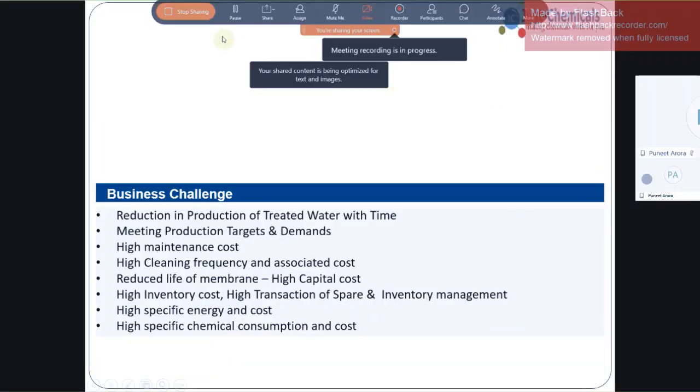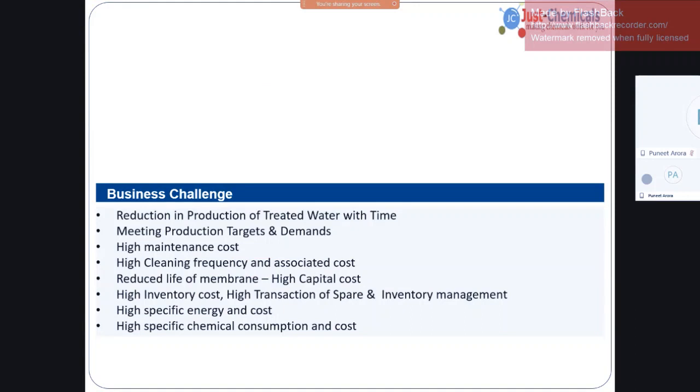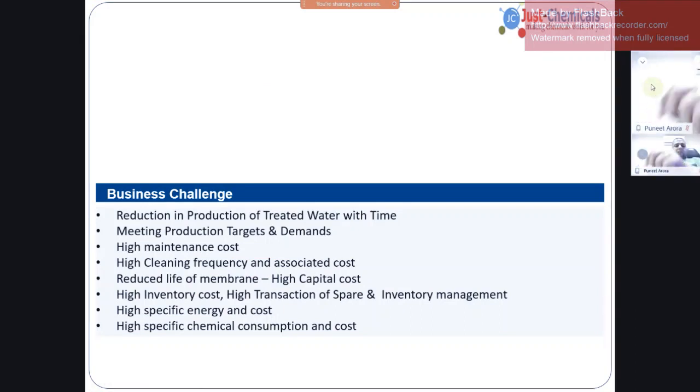So hope you saw the video and understood what is reverse osmosis. What we understand by reverse osmosis? A simple example of osmosis, not reverse osmosis, osmosis only, is the plant roots sucking water from the ground. What happens?